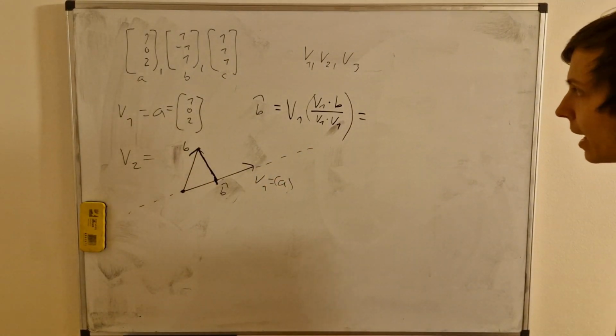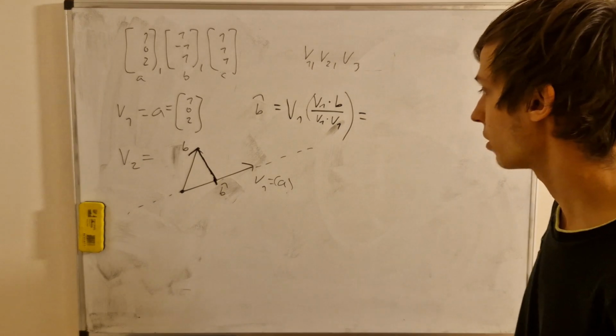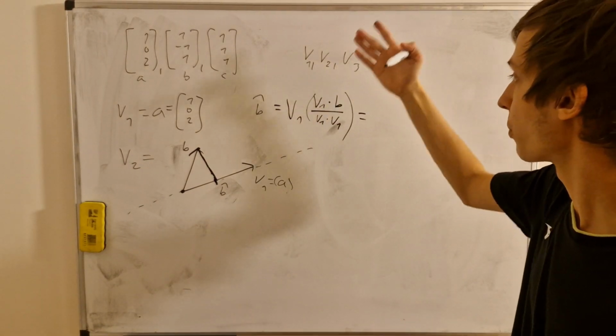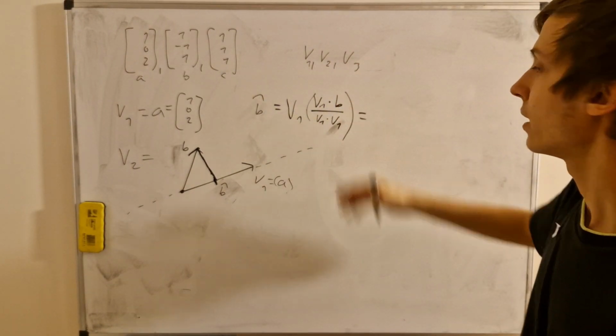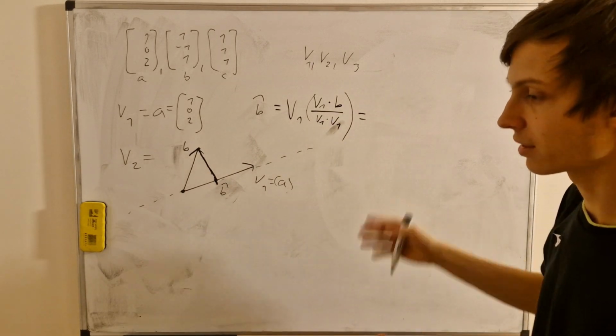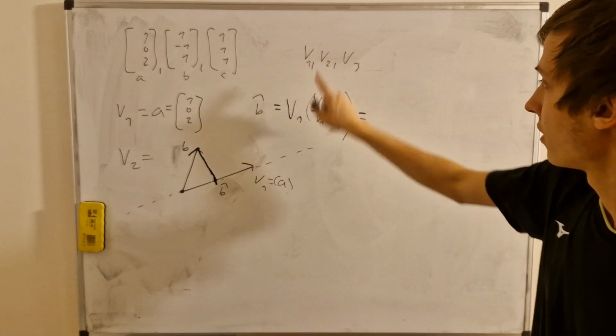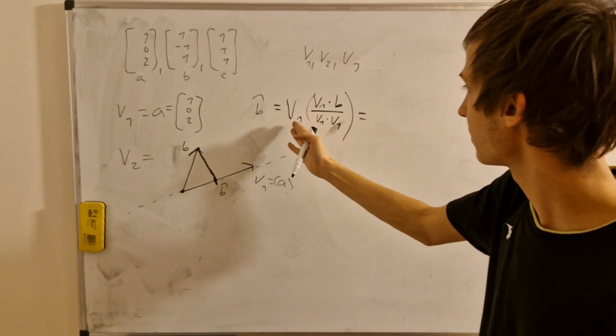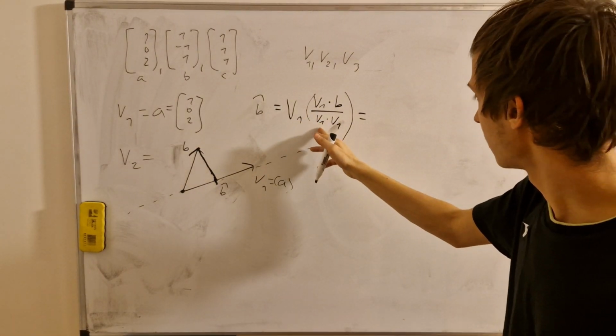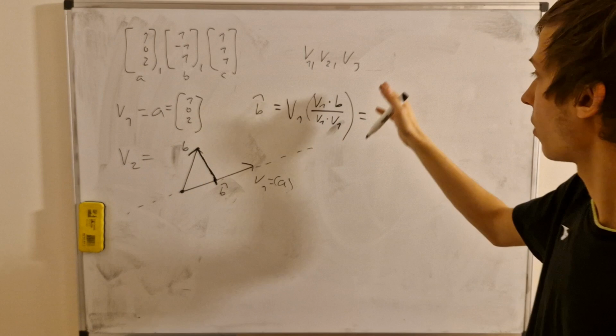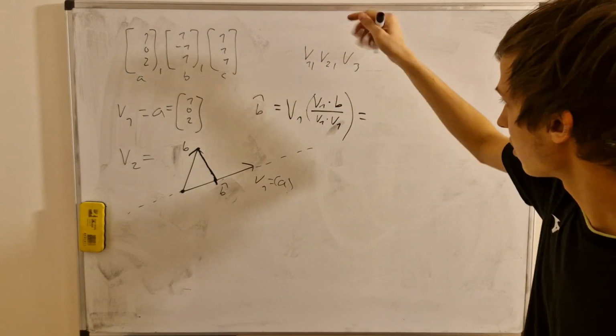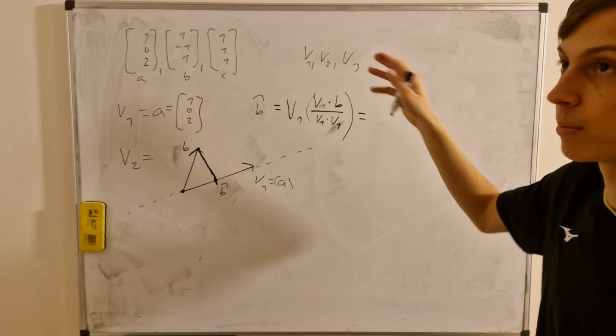So B hat, we only need to project B onto V1, and this is the formula of projecting B onto V1. And the analogy goes, if we want to project something onto something, it's what is projected onto over what is projected onto dot what is projected onto, and in the numerator is what is projected onto times what is projected.